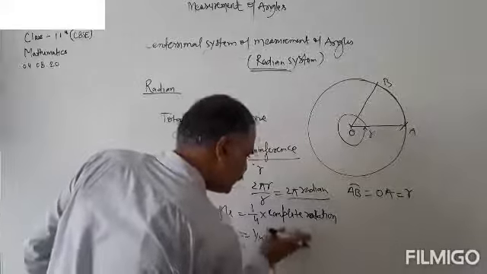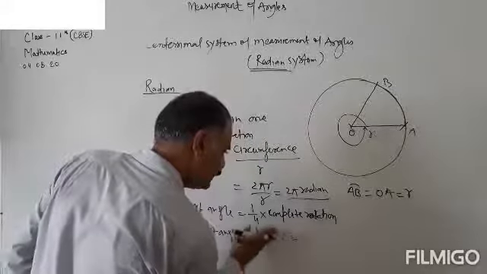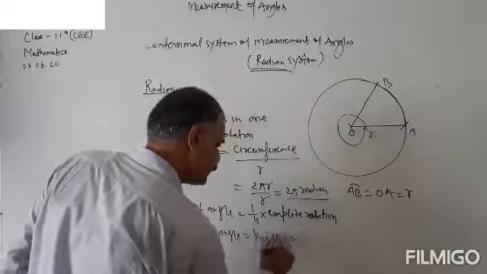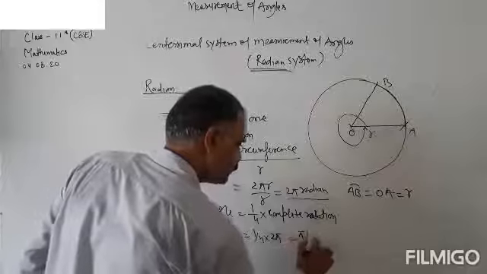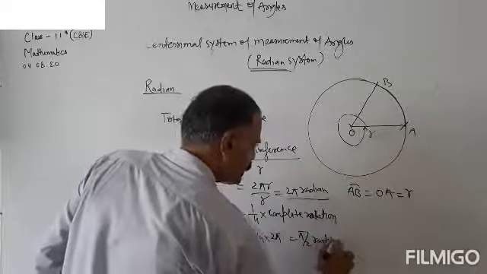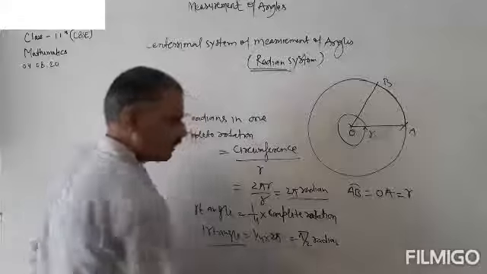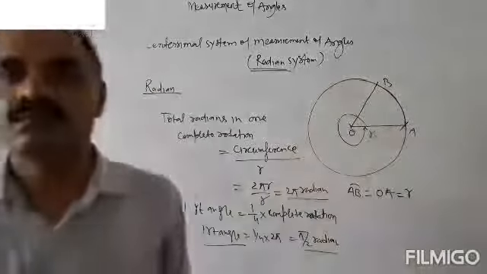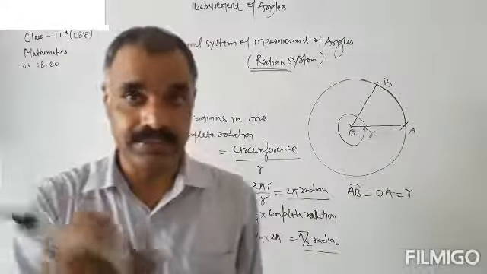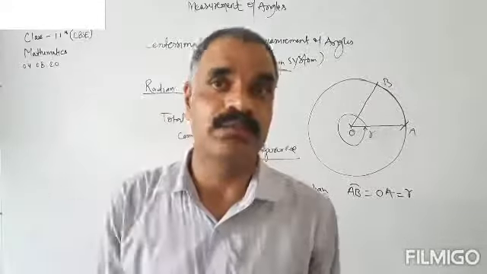Converting this into radian, 2 pi radian divided by 4 is pi by 2 radian. So one right angle, 90 degrees, is equal to pi by 2 radian.